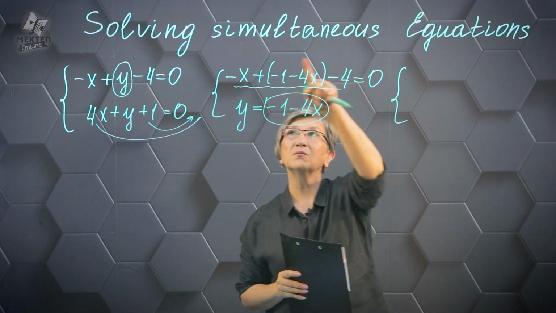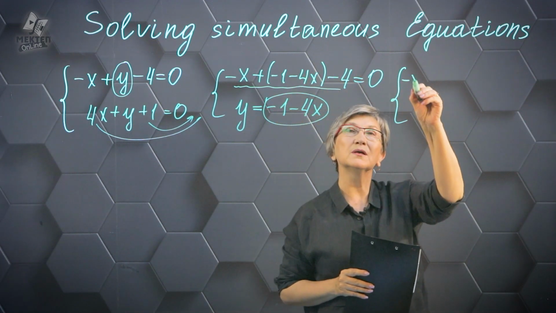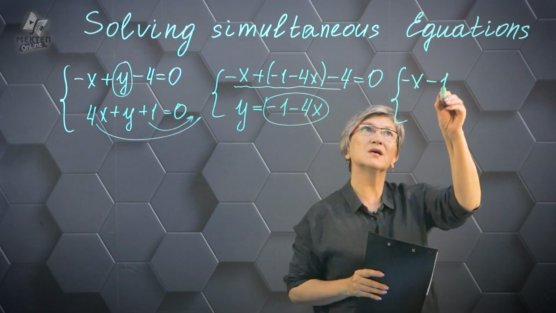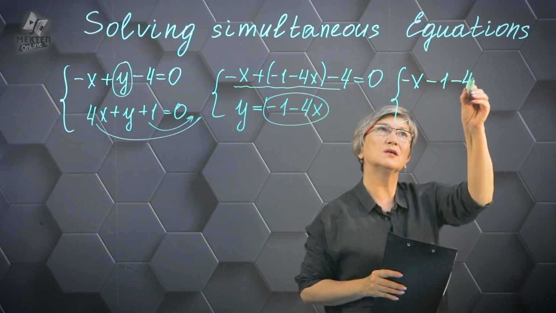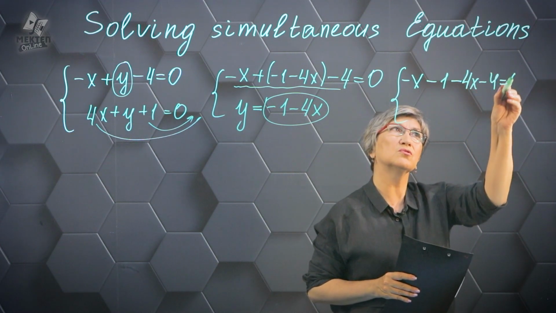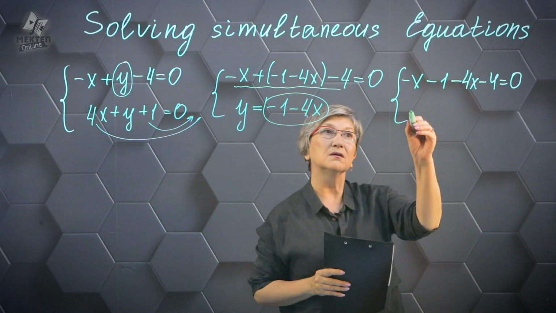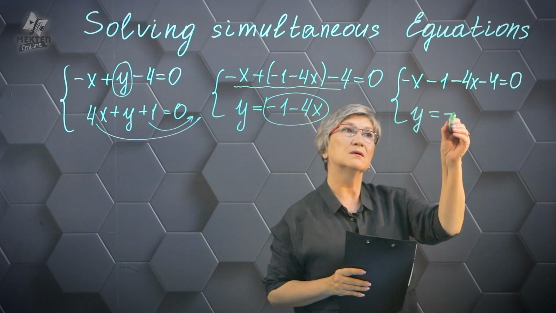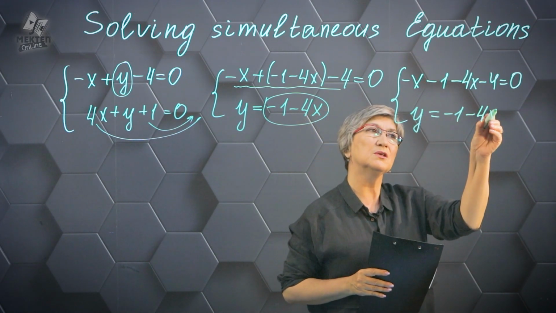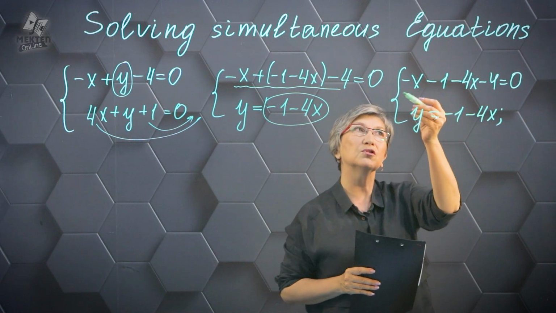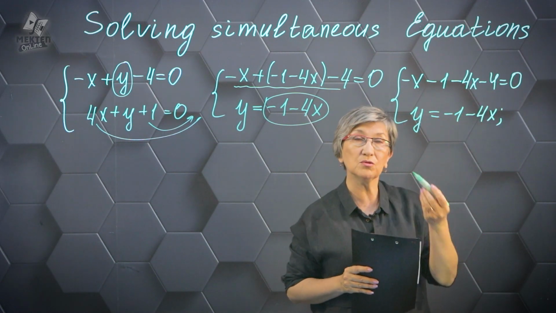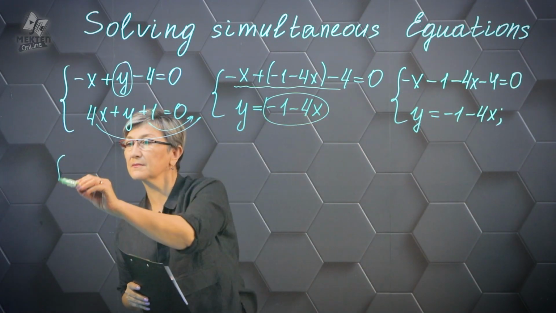Let's work with the first equation. We open the parentheses: minus x minus 1 minus 4x minus 4 equals 0. We've rewritten the first equation. The second equation, minus 1 minus 4x. What do we get as a result?